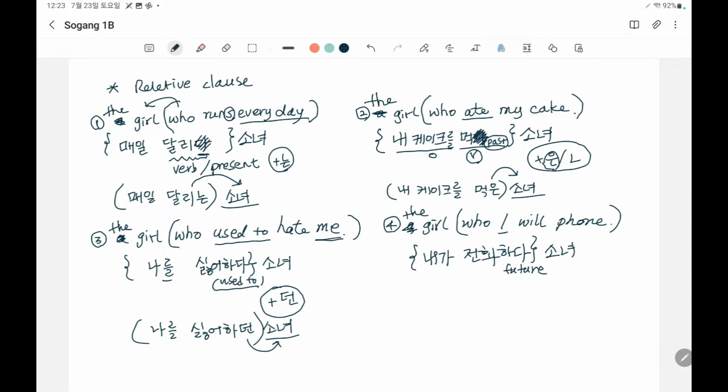I call. 자, I want to modify this future tense. 자, for the future tense, we need 을 or 리을. 그래서 내가 전화할 소녀. 자, this is how you express the relative clauses in English into Korean sentence.